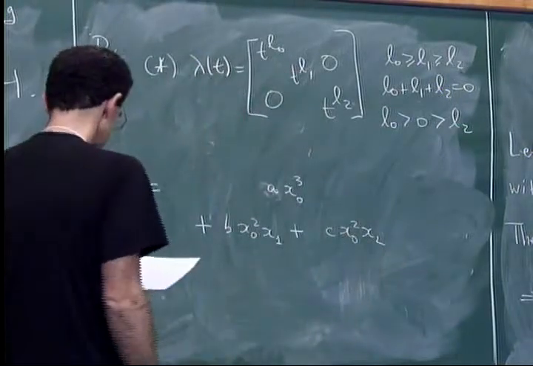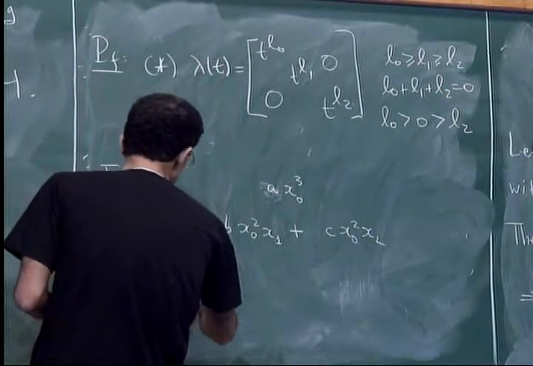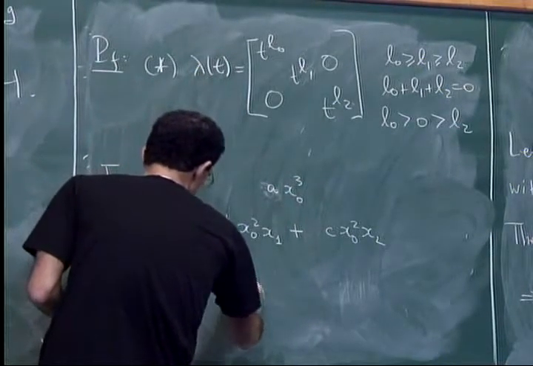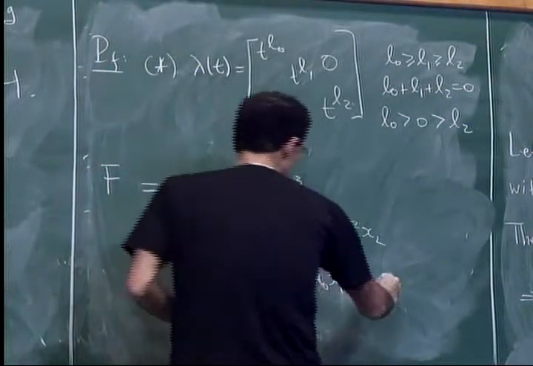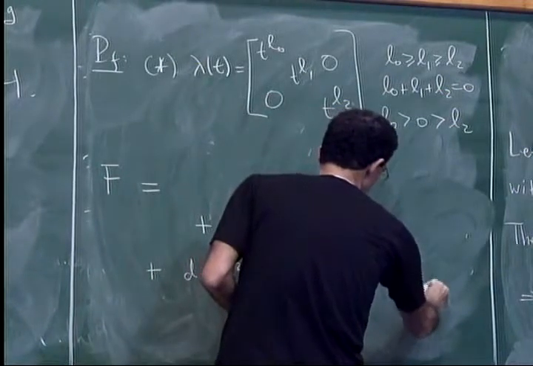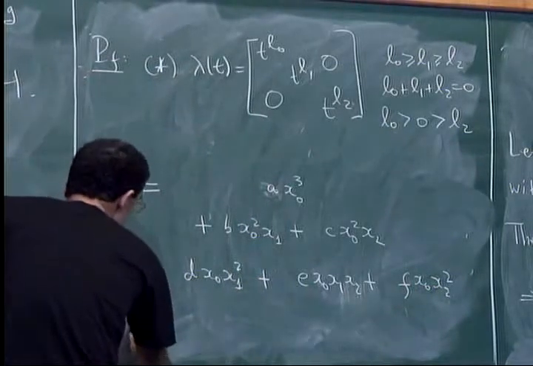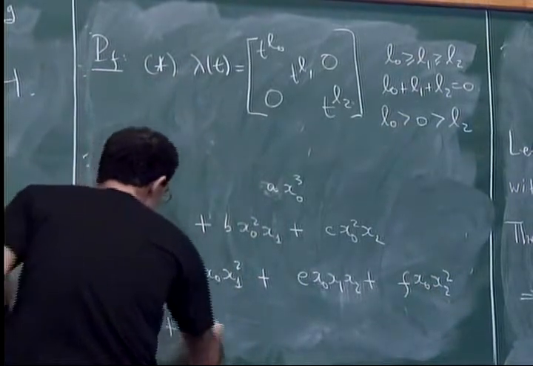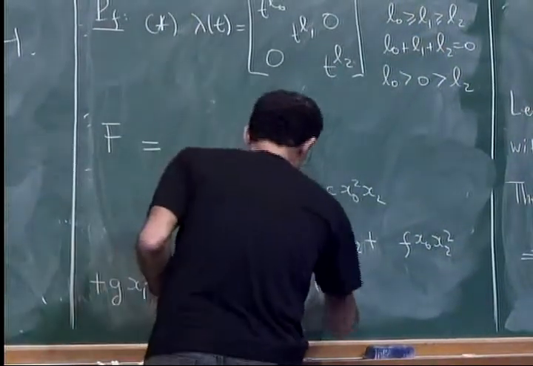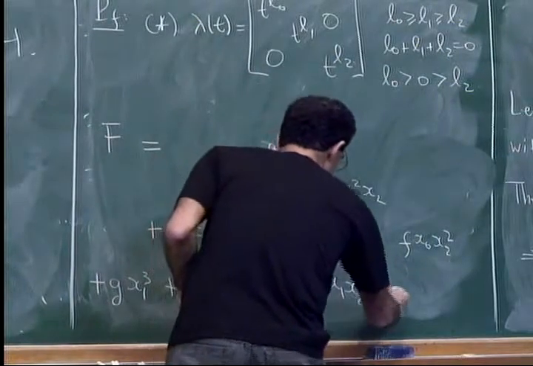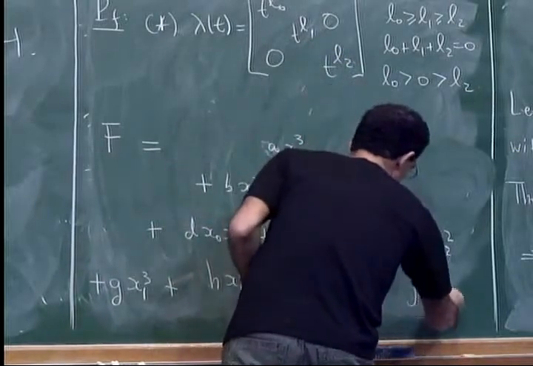So now there are 3 variables. So here the cubic power, the square power, and then we move on. Plus d x0 x1 squared plus e x0 x1 x2 plus f x0 x2 squared plus g x1 cubed plus h x1 squared x2 plus i x1 x2 squared plus j x2 cubed.